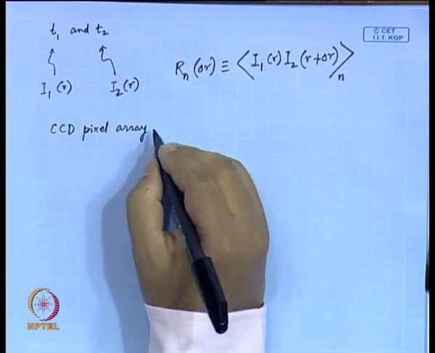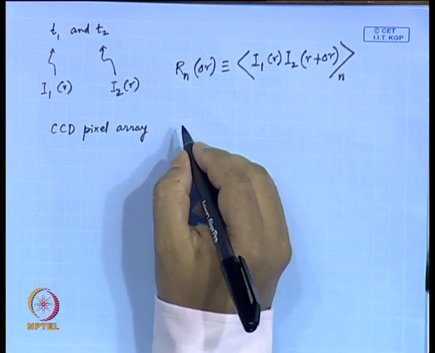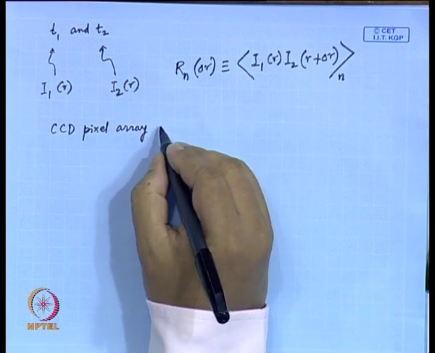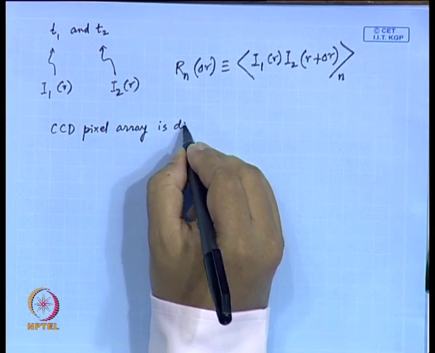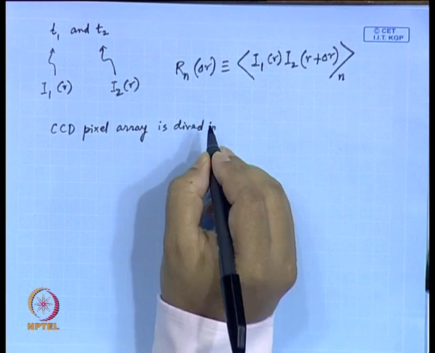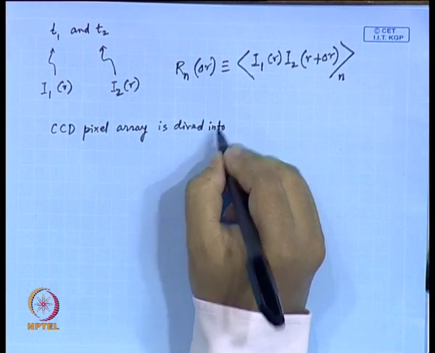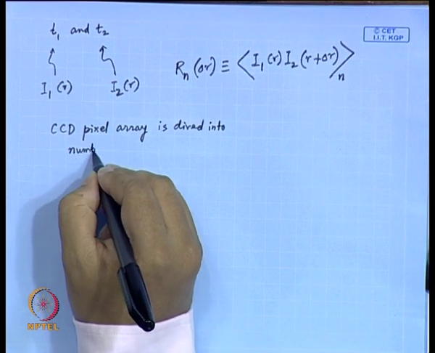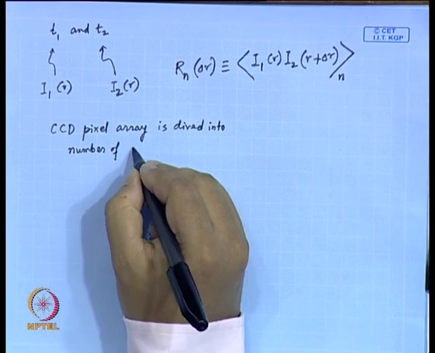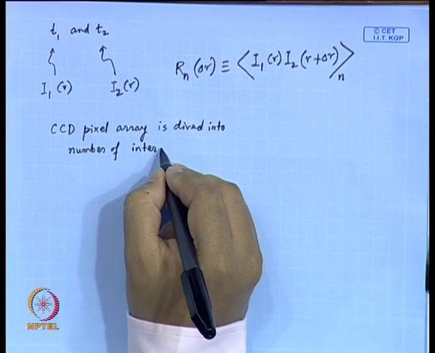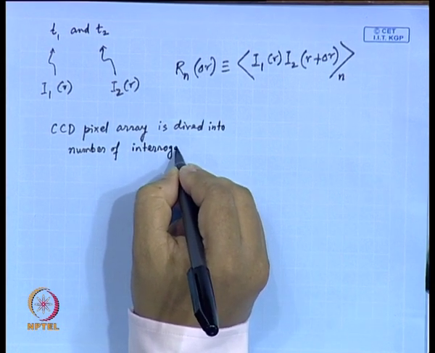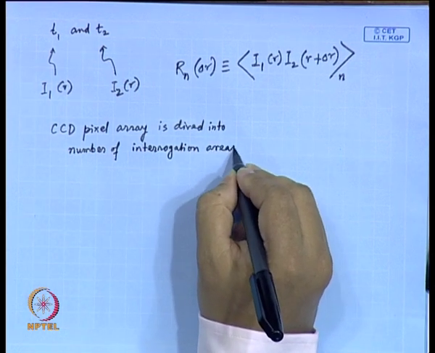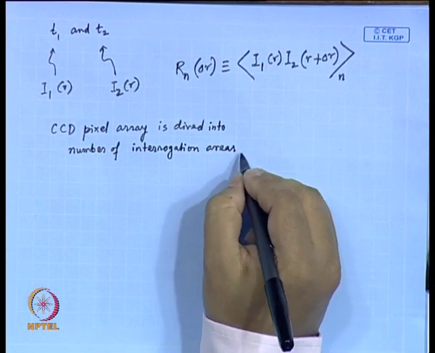You understand what a CCD pixel array is? There would be several pixels, so you have an array of pixels. That array is divided into a number of interrogation areas, n.